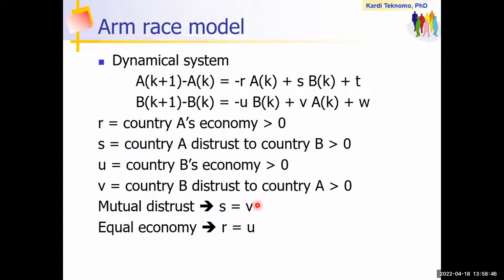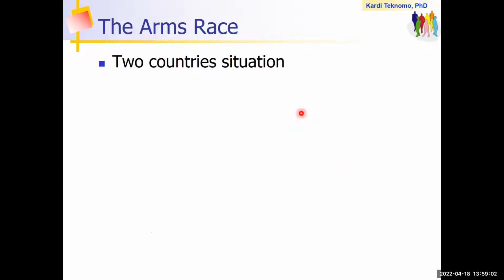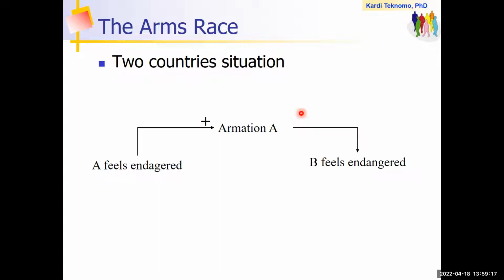So then S equals V, and let's say almost equal economy, so we just say R equals U. So what will happen? Once you put R equal to U, S equal to V, this is what happens. A feels in danger, and then country A will increase the armament.